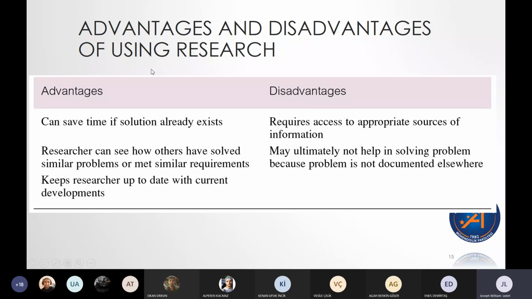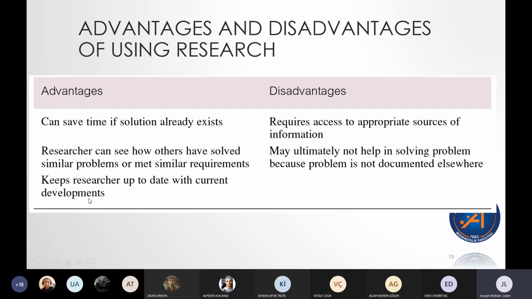Right. Some advantages: if the solution already exists, we can use it. Now, we also do need to know that a similar problem might have a similar solution, but we do need to know how the differences in the problem make the solution different as well.